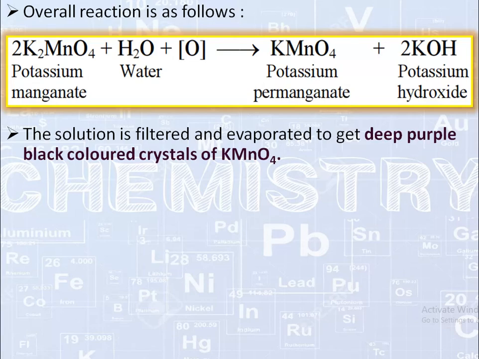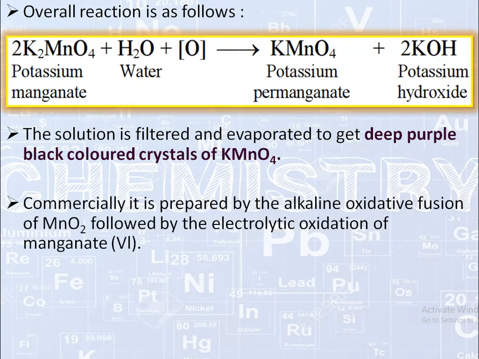Now for manufacturing potassium permanganate commercially, the method of electrolytic oxidation is preferred. The first method, that is chemical oxidation, is not preferred for the industrial or commercial preparation of potassium permanganate. So electrolytic oxidation is preferred. Commercially it is prepared by the alkaline oxidative fusion of manganese dioxide followed by the electrolytic oxidation of manganate.